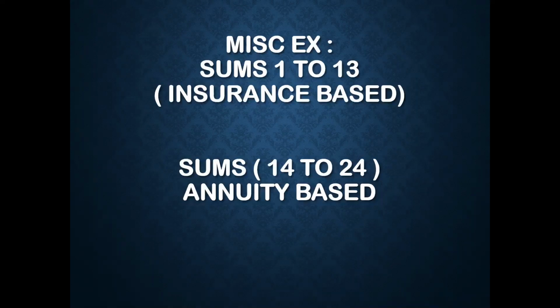As we have recently finished our topic on annuity, I will be taking the sums 14 to 24 today because the topic is fresh in your mind, annuity immediate and annuity due. So today's session will be dealing with the sums based on annuity.